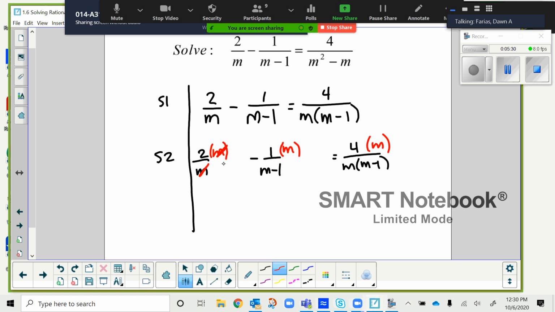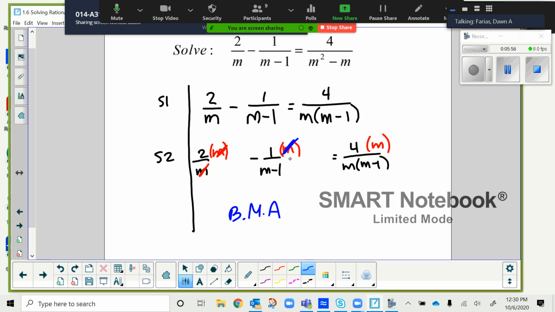But it doesn't cancel out the second denominator, the m minus 1. This is a group. So let me show you something that's bad math, okay? This is a bad math alert. Bad math alert. So I'm going to do this in blue, and then I'm going to erase it because it's bad. This does not work. Watch, so put your eyes on the screen, on the middle term.